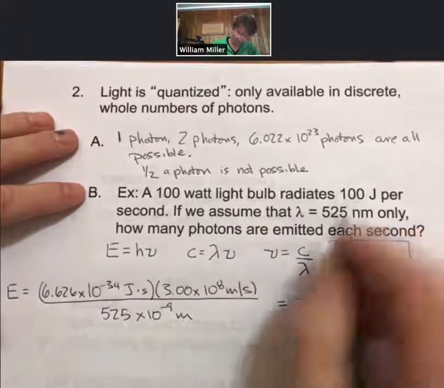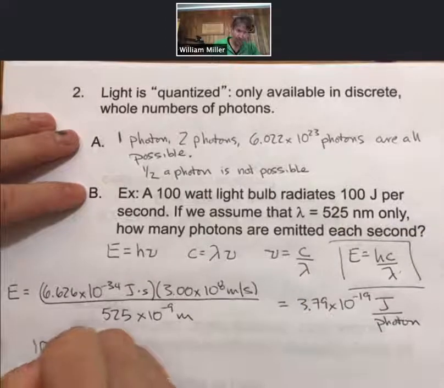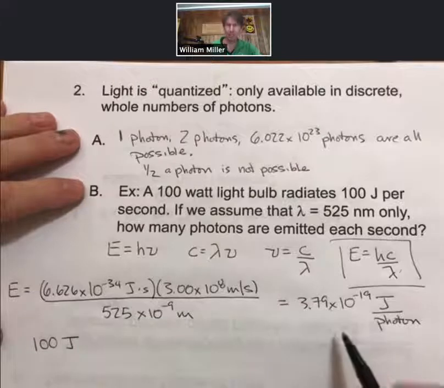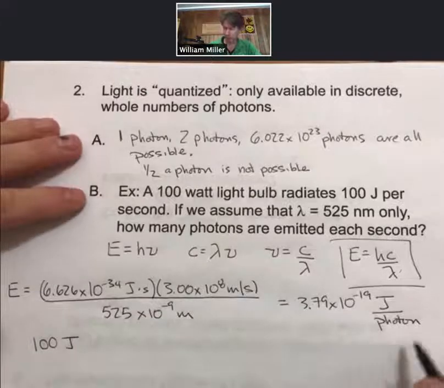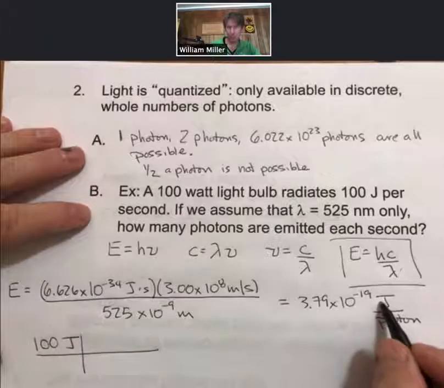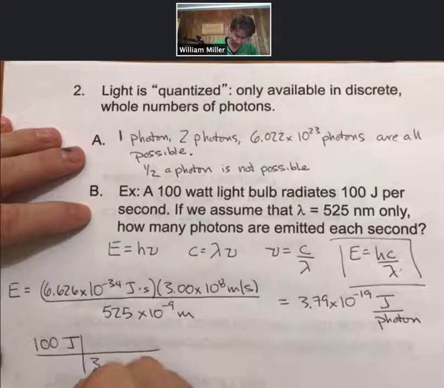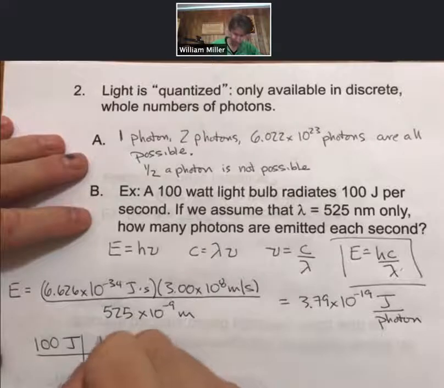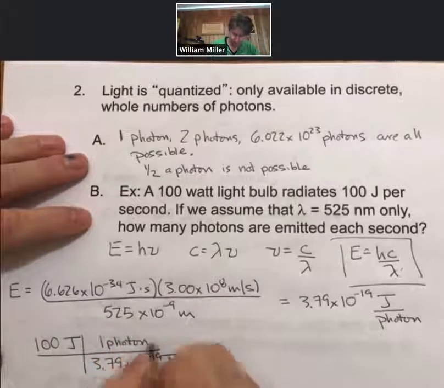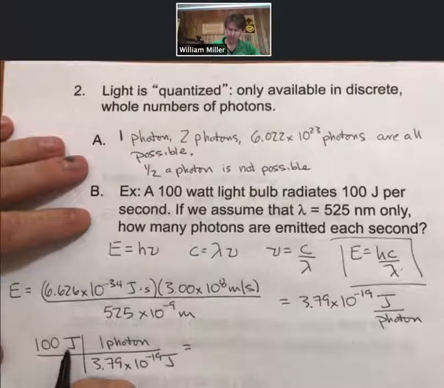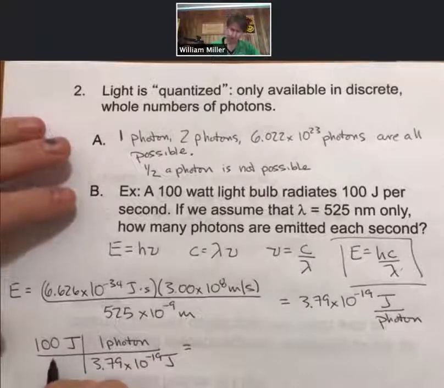I have 100 joules, and I know that there are 3.79 times 10 to the minus 19 joules per photon. So if I put my joules with the number on the bottom, 3.79 times 10 to the minus 19 joules per 1 photon, I can calculate how many photons there are in each 100 joules.